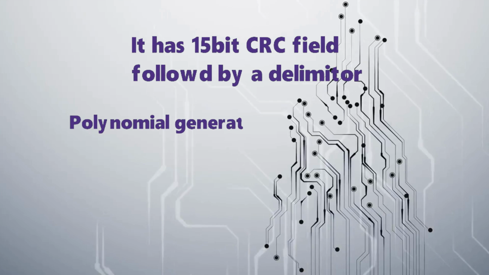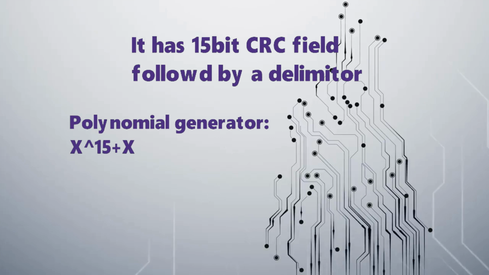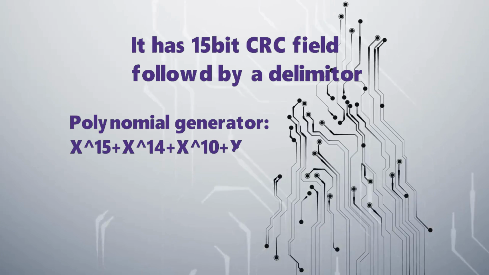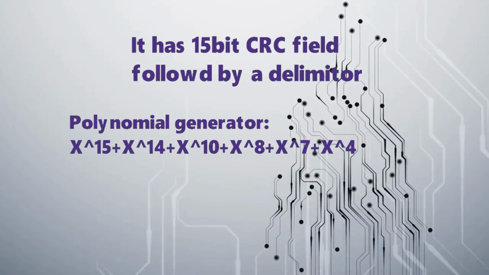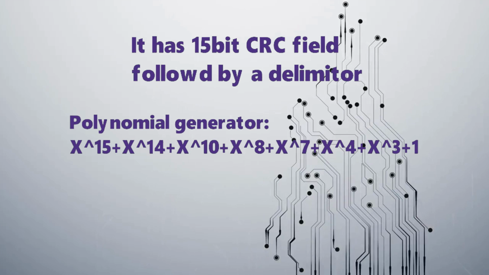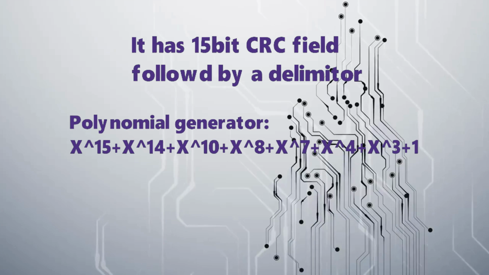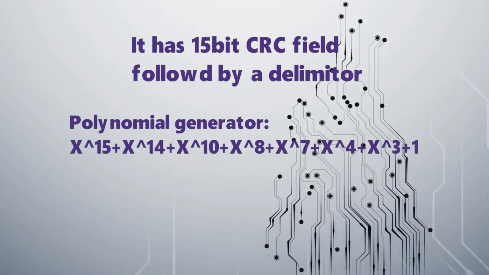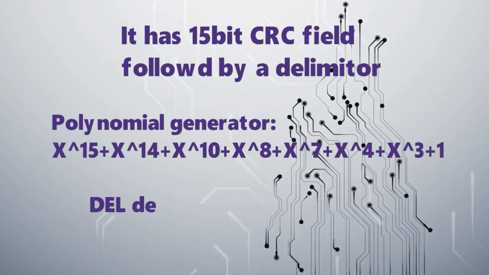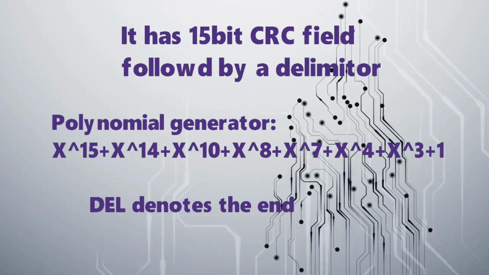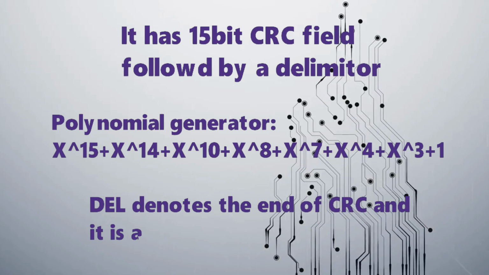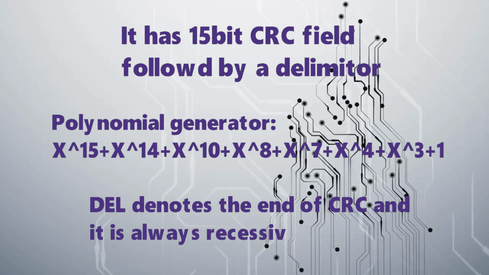A polynomial generator is used as given here: x power 15 plus x power 14 plus x power 10 plus x power 8 plus x power 7 plus x power 4 plus x power 3 plus 1. The delimiter denotes the end of CRC and it is always recessive.